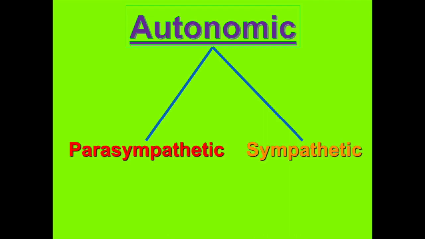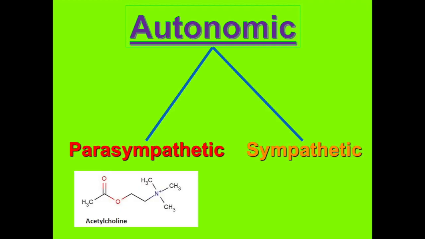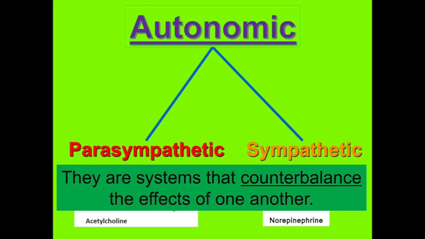So let's look at it again now. We've got the parasympathetic side and the sympathetic side. The neurotransmitter for the parasympathetic side is acetylcholine. For the sympathetic side, norepinephrine is the neurotransmitter. And again, these systems counterbalance each other.